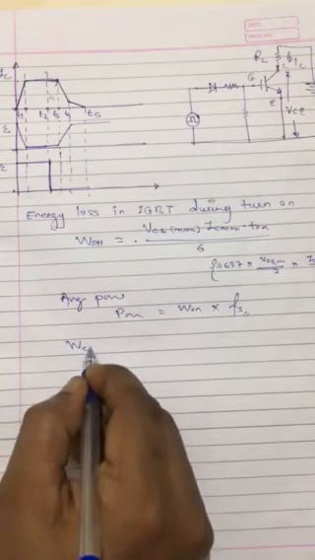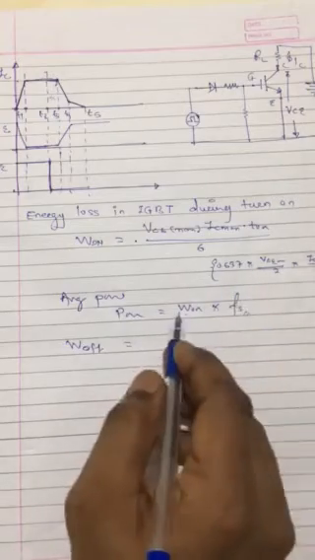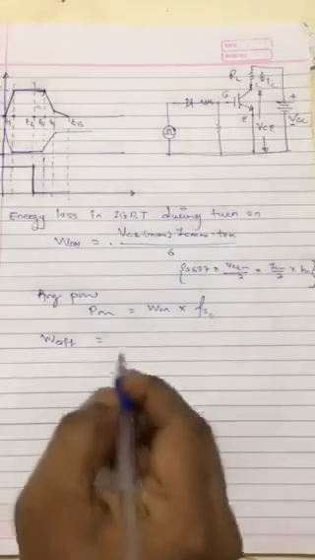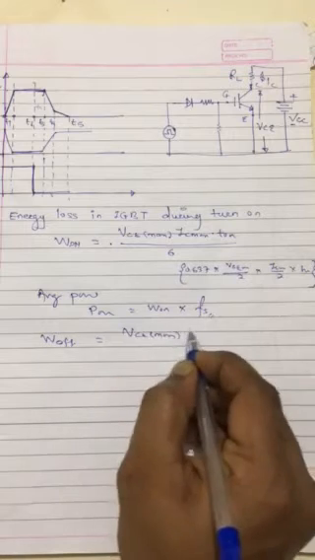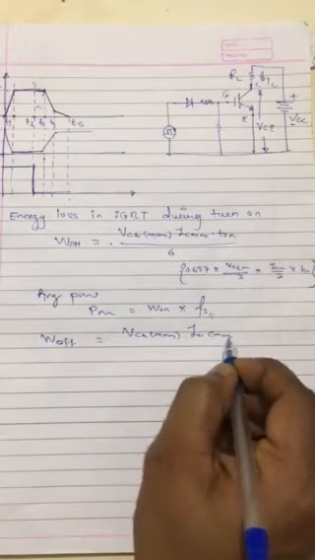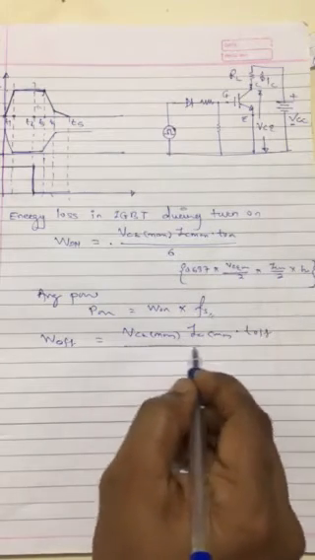Similarly, what will be the turn off losses? Again, the formula is exactly similar, derived from the same principle. It can be written as VC max into IC max into T off, divided by 6. Instead of T on, we use the T off time here.